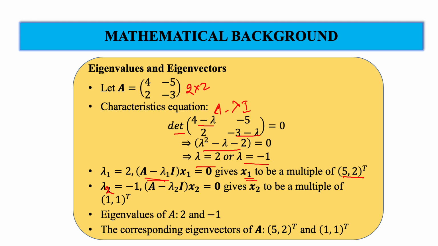So this matrix A has two eigenvalues, 2 and minus 1, which are the roots of the characteristic equation, and the corresponding eigenvectors are (5, 2) and (1, 1). Remember that x1 is a multiple of (5, 2), so any x1 in that direction is an eigenvector.